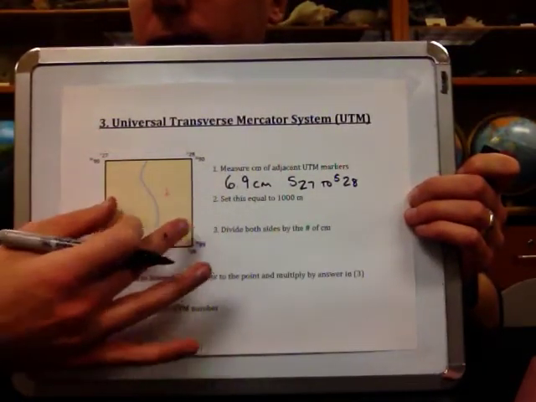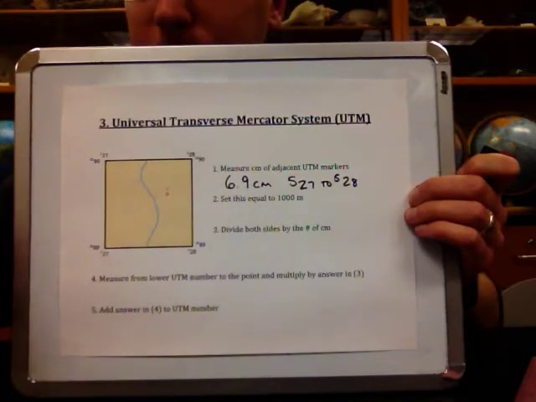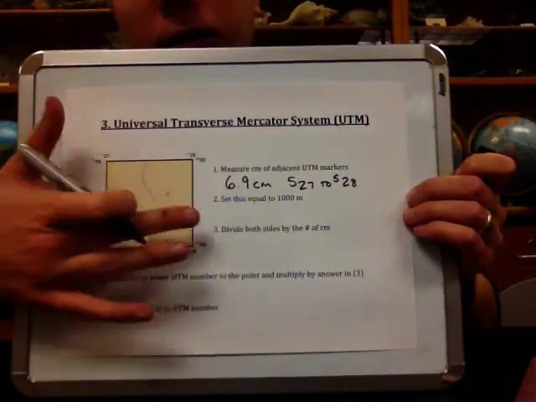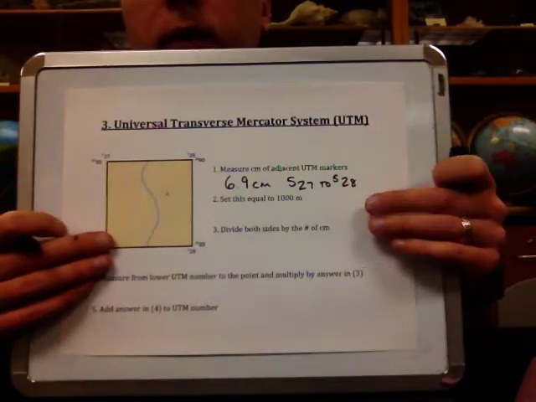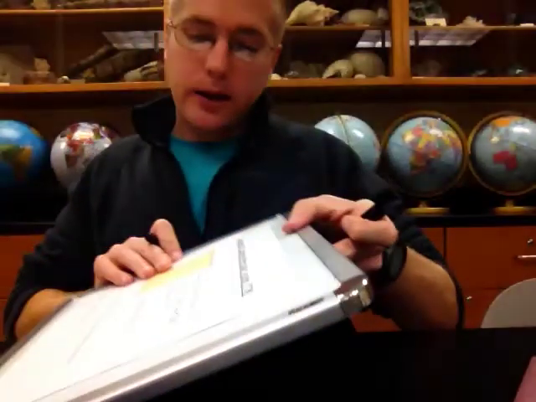This is the size for the image that I have on this printout. So if you're doing this in the packet, your number might be a little bit different because the image is probably a bit smaller. We're going to set this equal to 1,000 meters. So we're going to say 6.9 centimeters equals 1,000 meters.